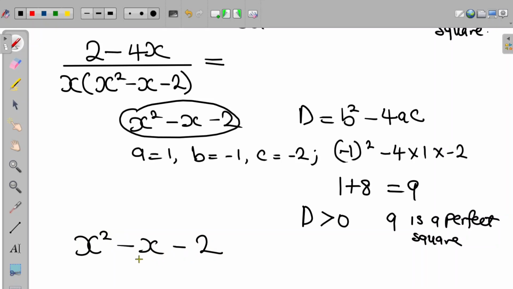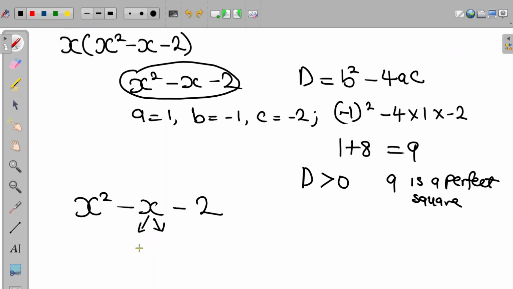Now, to factorize this, we look for two integers whose sum is equal to negative 1 and whose product is equal to negative 2. The two integers are negative 2 and plus 1. So therefore, we have x squared minus 2x plus x minus 2.